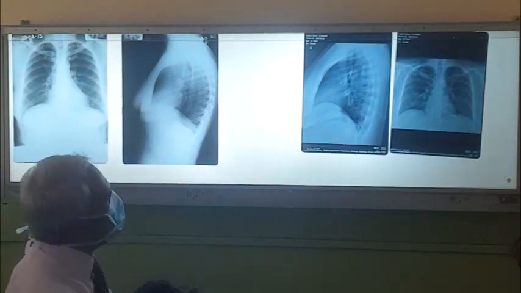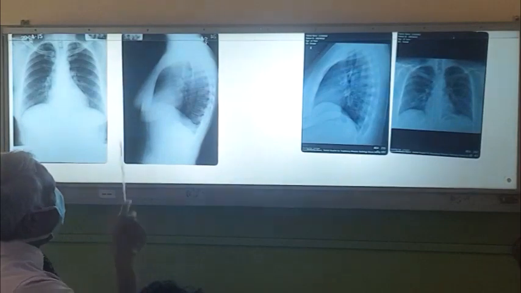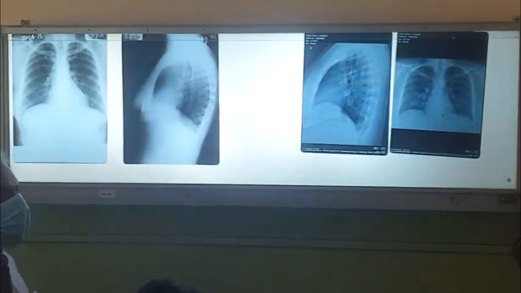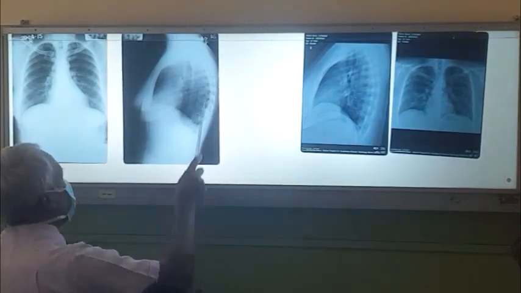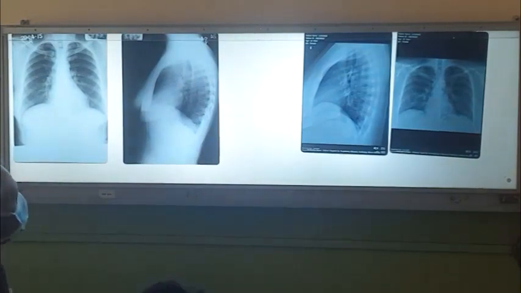Another point you have to remember is that there is a darkness above the heart, and that darkness is equal to the darkness behind the heart. So you have to notice that also, right? Always look at the bones and everything, whether there are collapsed vertebrae, but I'm talking about the lungs here.